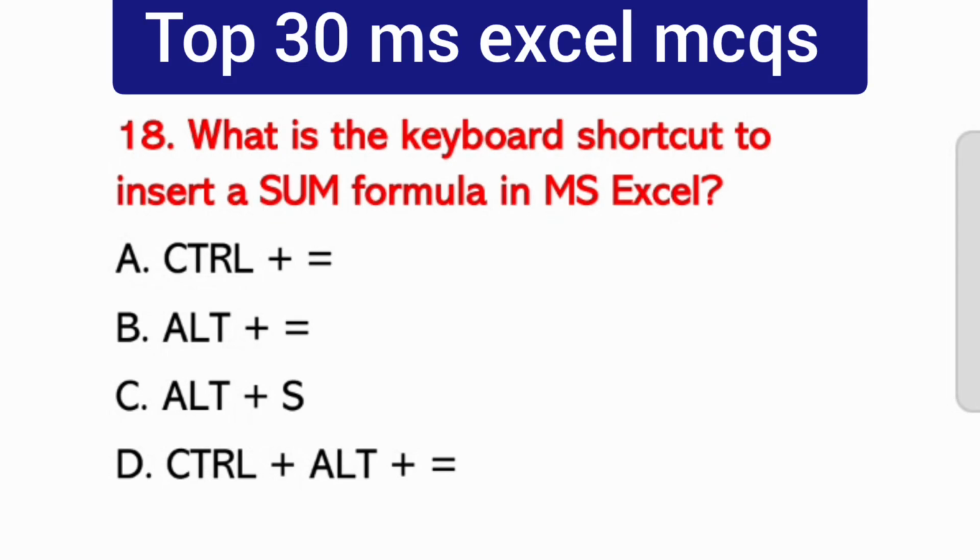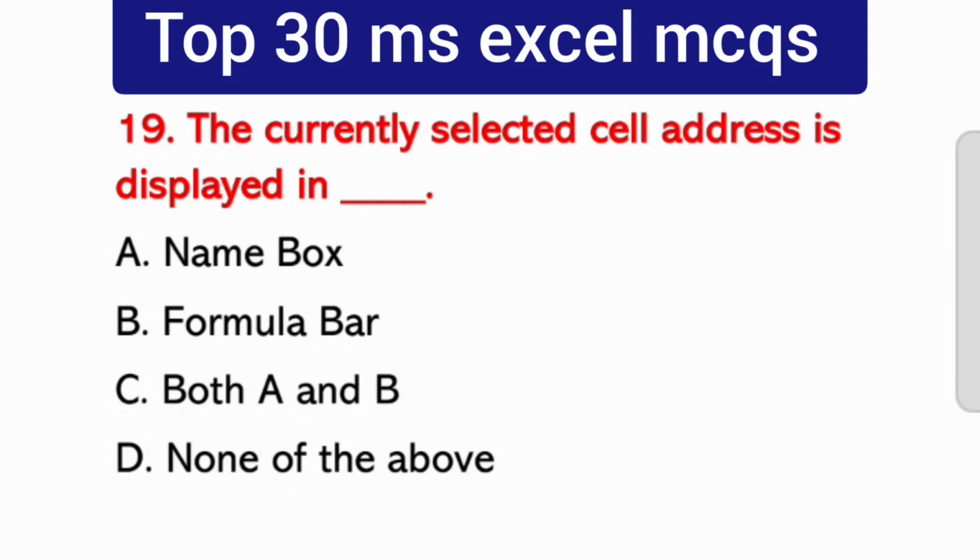Options: Control plus equal to, Alt plus equal to, Alt plus S, Control plus Alt plus equal to. Correct answer: Alt plus equal to. The currently selected cell address is displayed in options: name box, formula bar, both A and B, none of the above. Correct answer: name box.